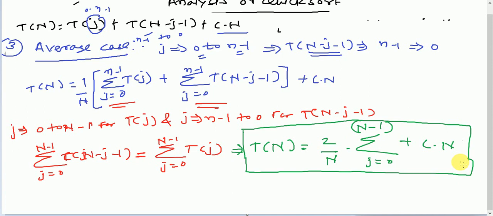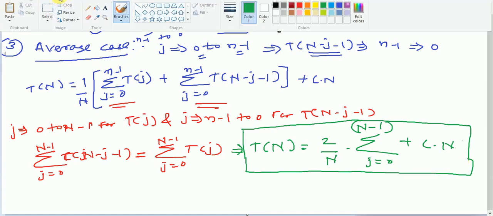Now, if I want to solve further, this will take another 30 minutes because integration is involved to simplify this particular average case, and then I have to apply a limit continuity formula and get the answer. But it's not required in that detail. I'll simply write the average case answer.